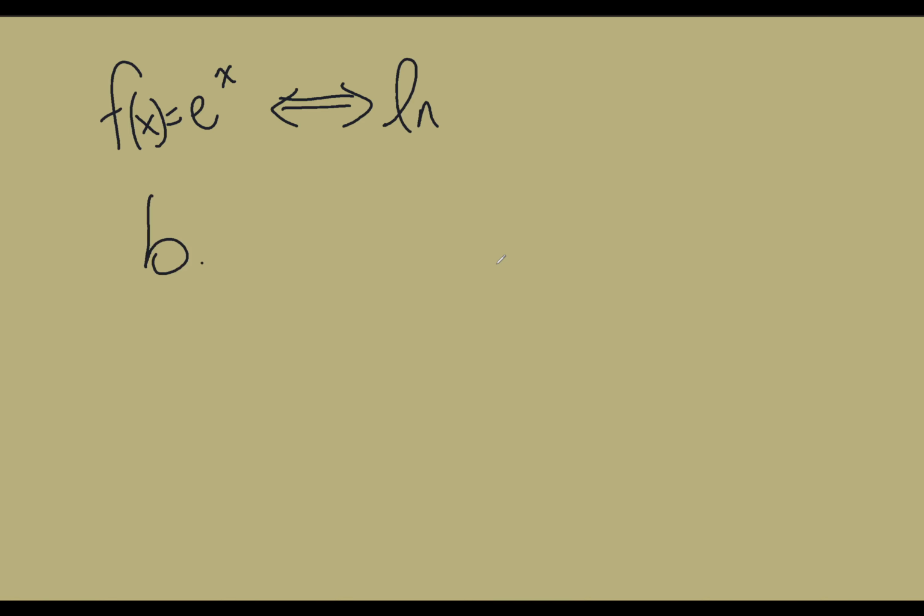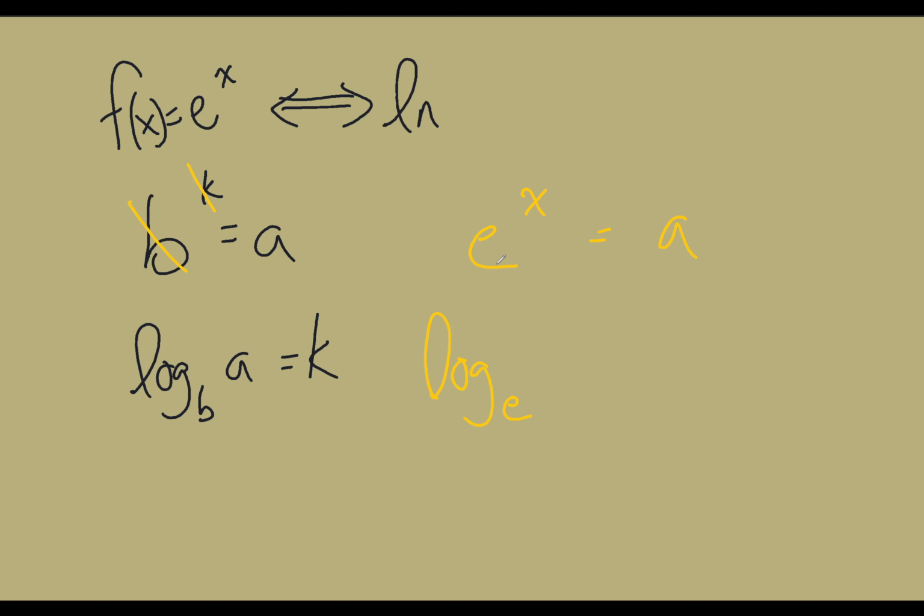So if you remember your logarithms, it's b to the k equals a. And if you want to write that in a different way, it's log base b of a equals k. So for us, no longer is it b, it's e, and no longer is it k, it's x. And that's going to equal a. So here it would be natural log, which is how we write log base e of a equals x.